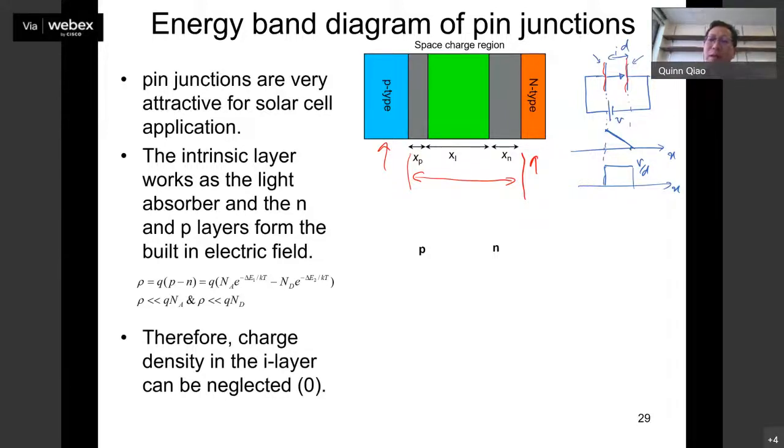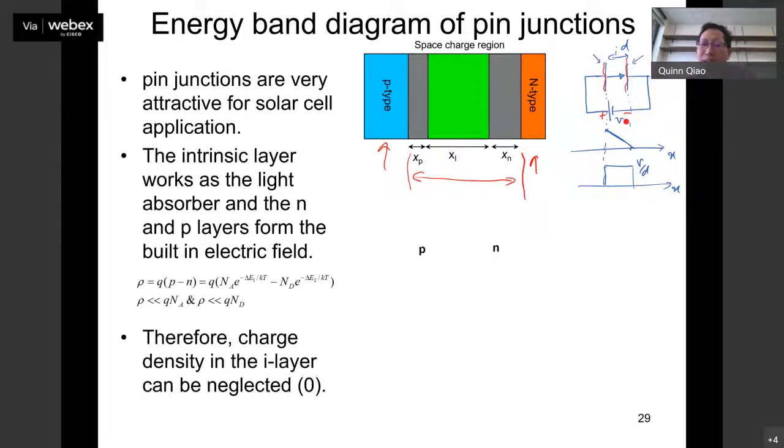Think about what happens if you apply a voltage across this capacitor. It depends on which side you apply the positive electrode. If you apply the voltage, you see the potential slowly reduce from V to 0 across the capacitor.